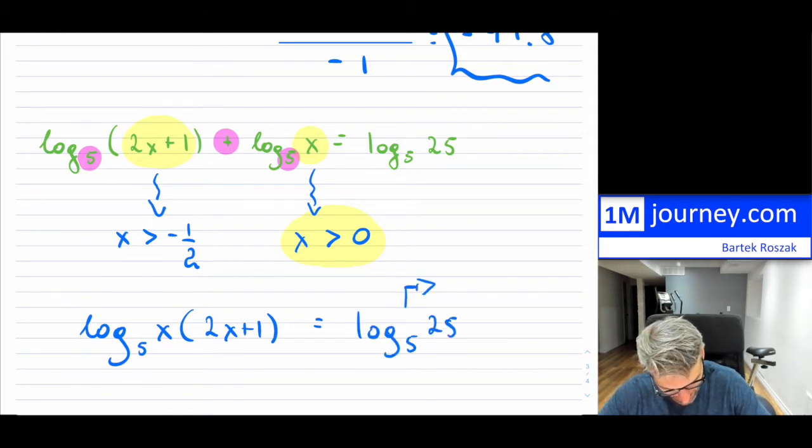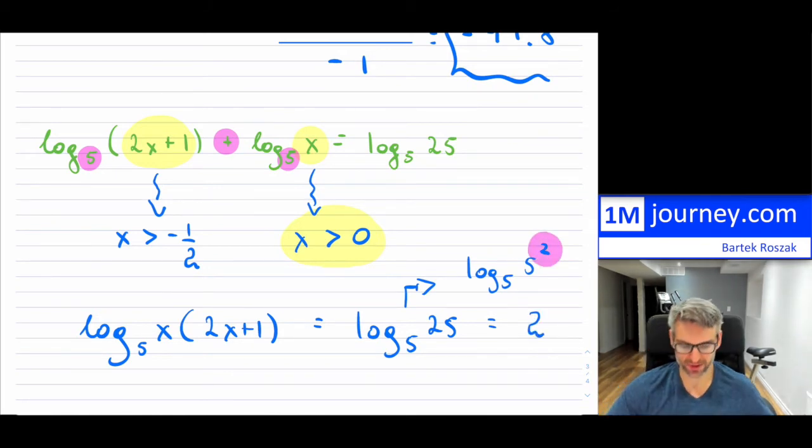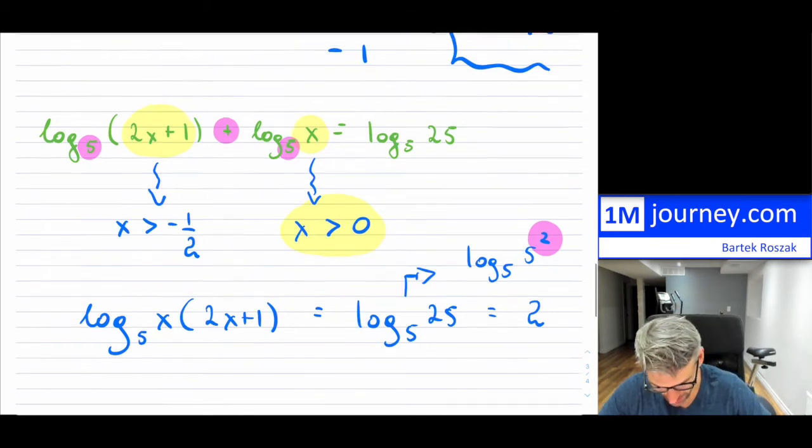Notice that 25 is 5 to the 2, so this just equals 2, from the log properties.